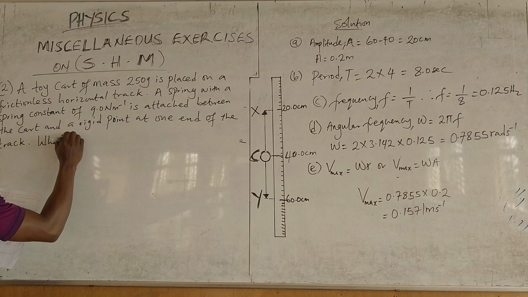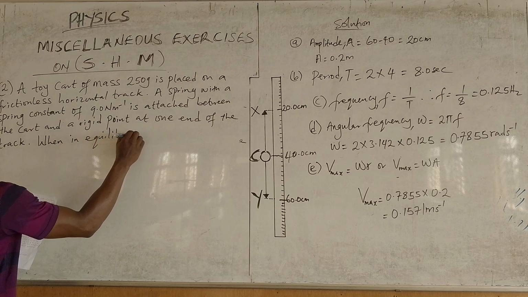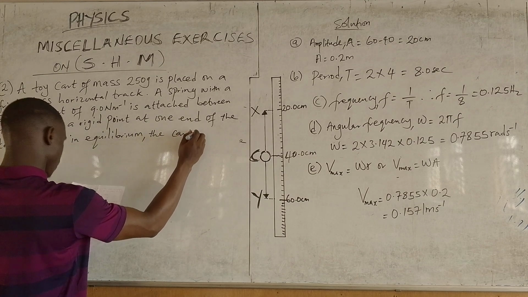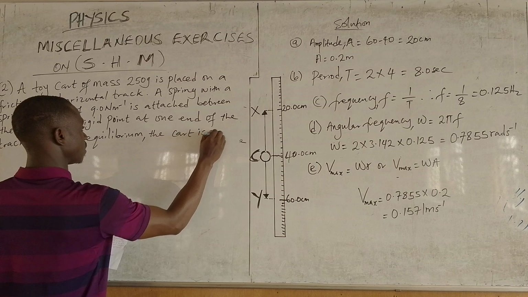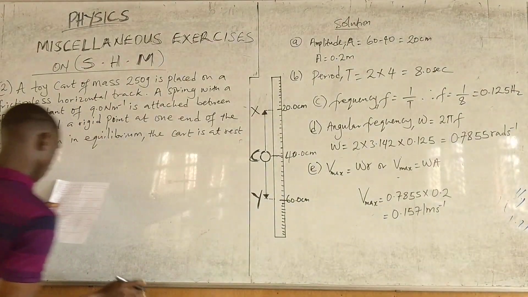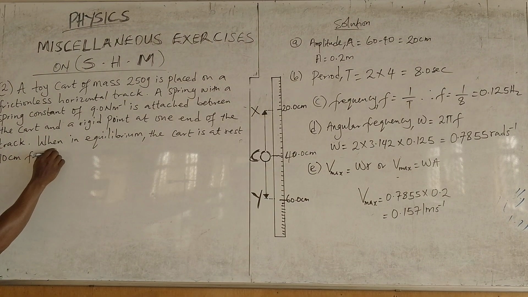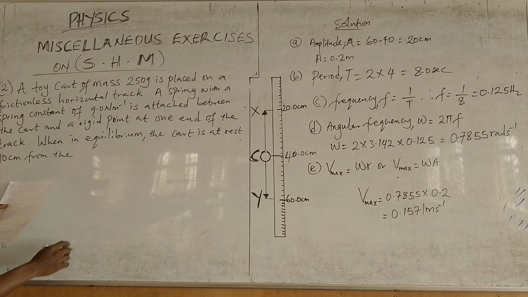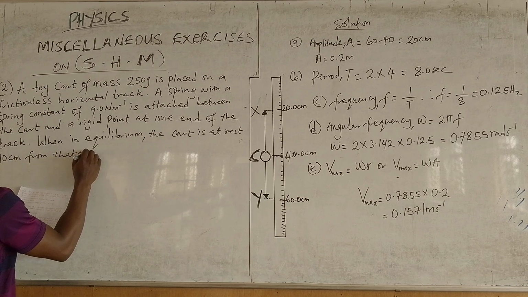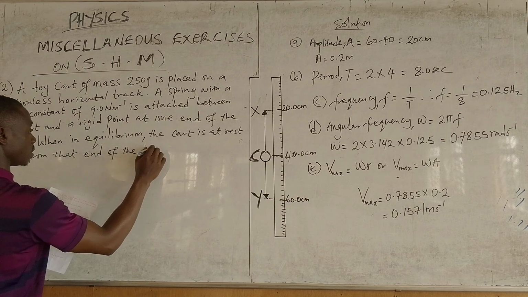When in equilibrium, the cat is at rest 10 centimeter from that end of the track.